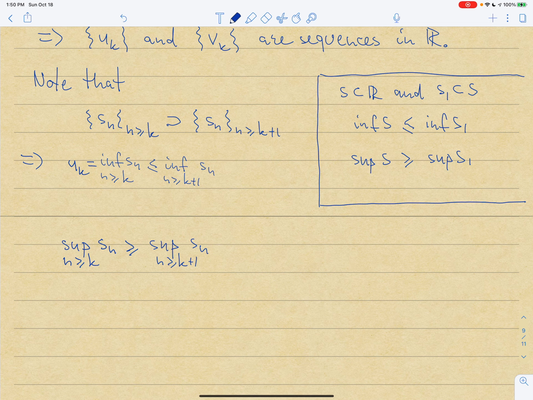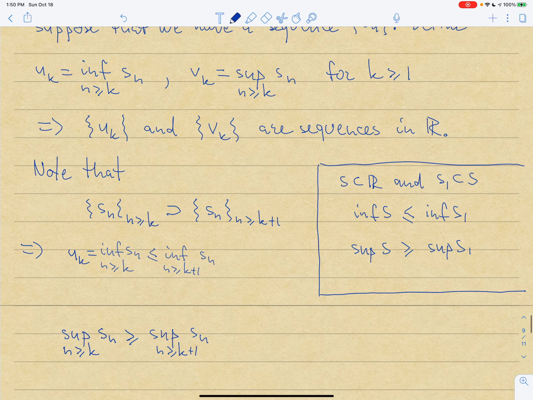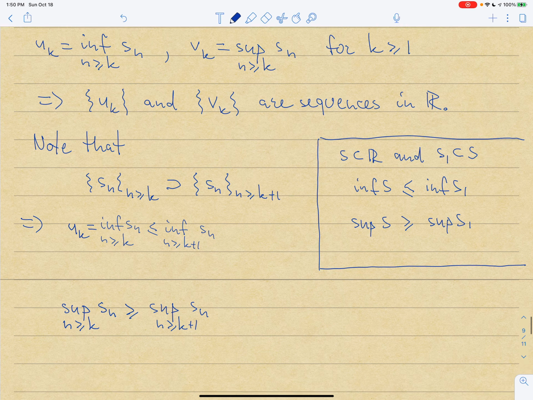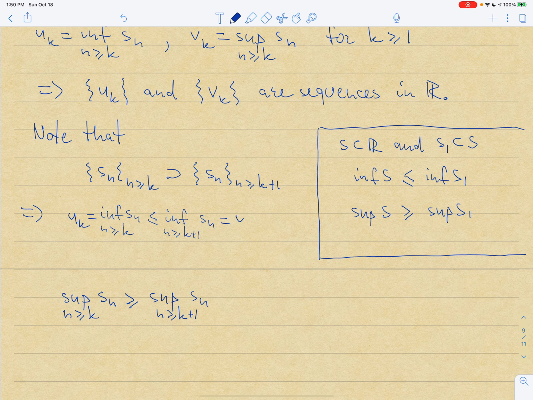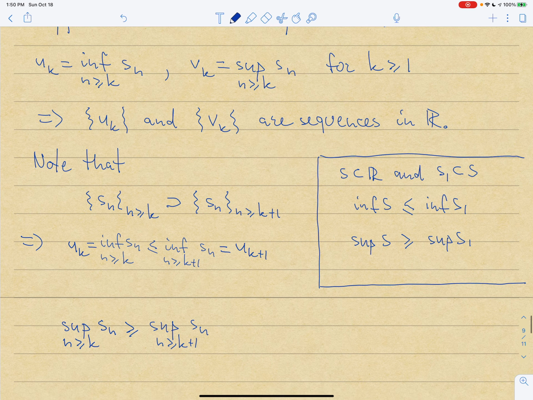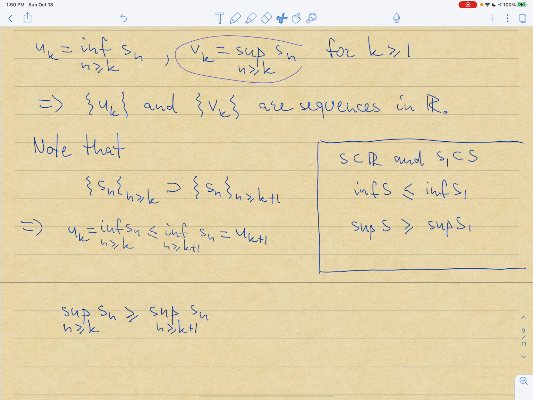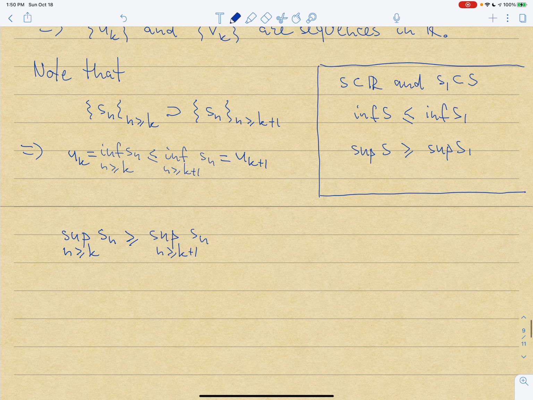And then if I use the same definition starting from k plus 1, this term must be uk plus 1. And similarly, if I'm taking supremum of Sn, I call that vk. And then this guy would be vk plus 1.